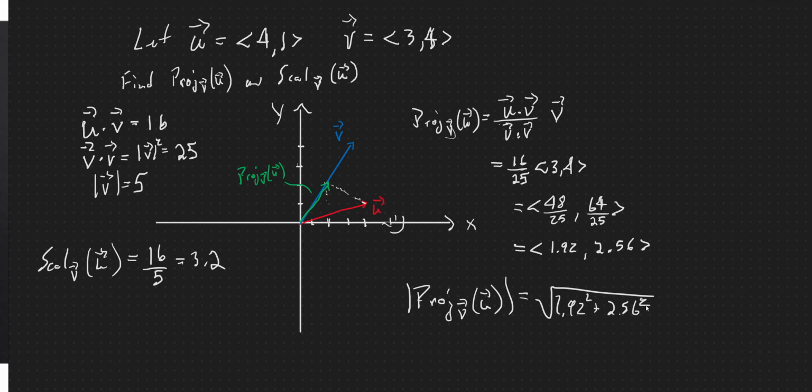Let's calculate those and take the square root of that. And amazingly, even though these are kind of nasty decimals, we get 3.2, which is exactly the scalar projection. So we've done both of these steps right.